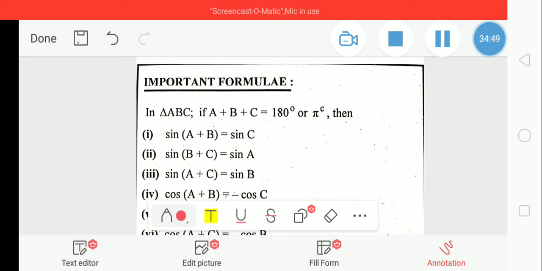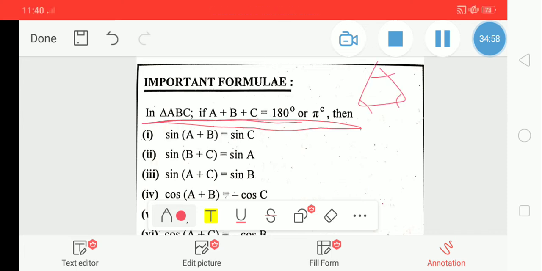Now these are important formulas. We know that in a triangle the sum of angles A plus B plus C is 180, that means pi.